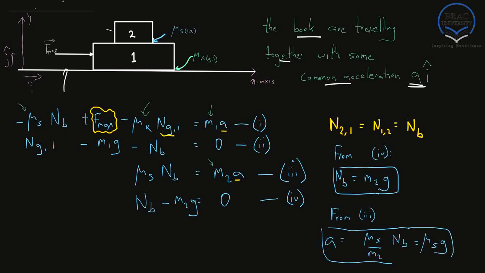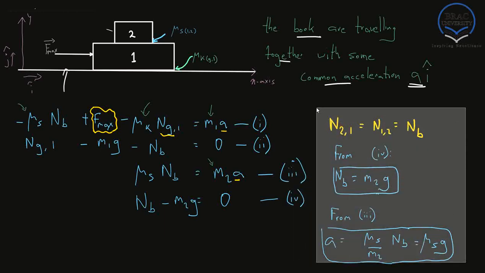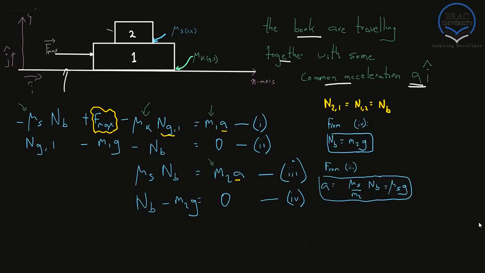Does that make sense dimensionally? Yes, it does, because mu_s is a dimensionless constant and g has dimensions of acceleration. We can plug nb into equation 2 as well and get a value for n_g,1. So from 2 we get n_g,1 equal to m1g plus nb, but nb is m2g, so n_g,1 equal to (m1 plus m2)g.